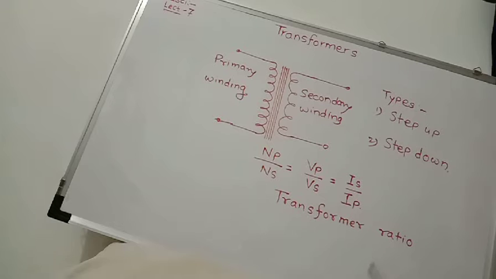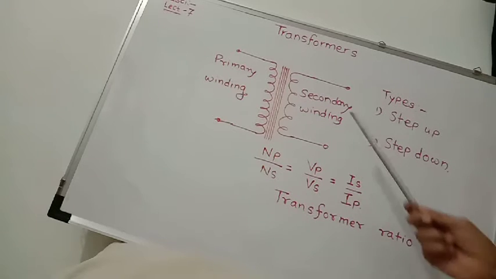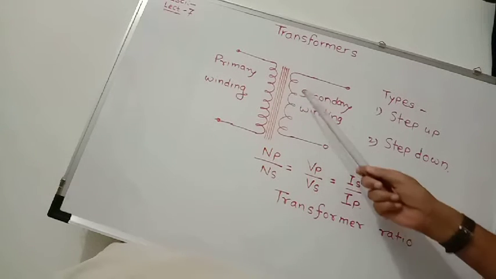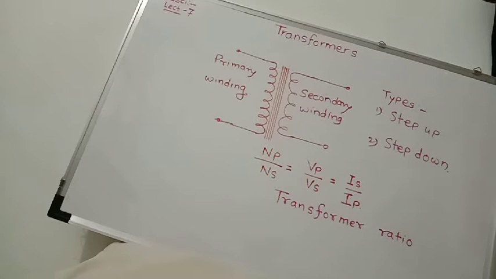If the number of turns is less, then less voltage will be induced. This is called the turns ratio, and Np upon Ns is equal to Vp upon Vs. This is called the transformer ratio.